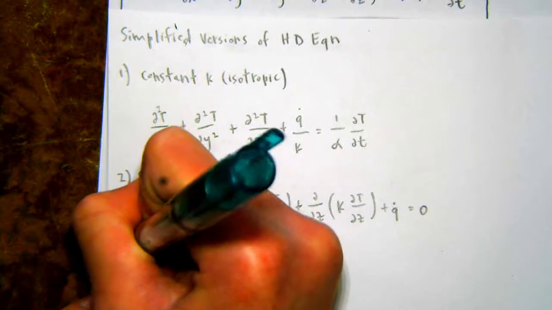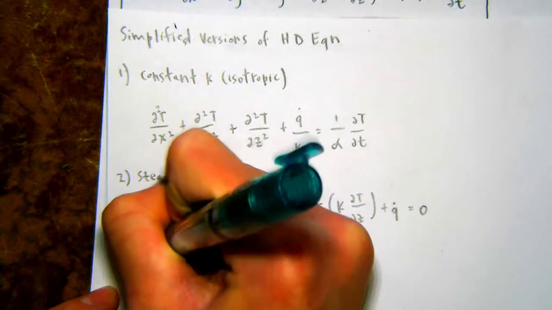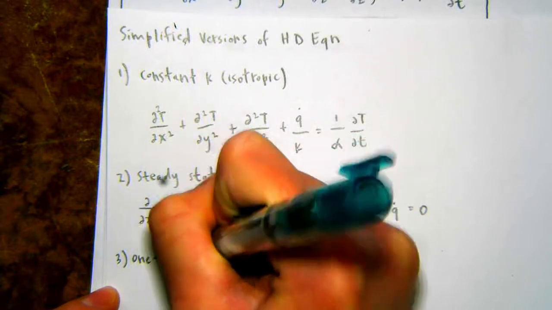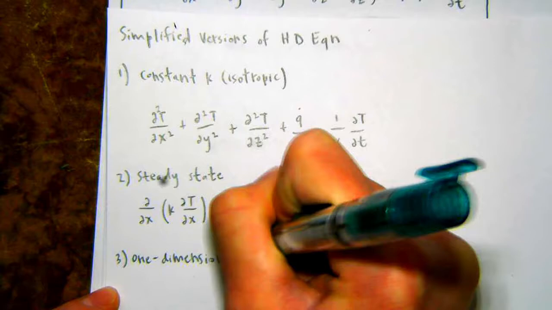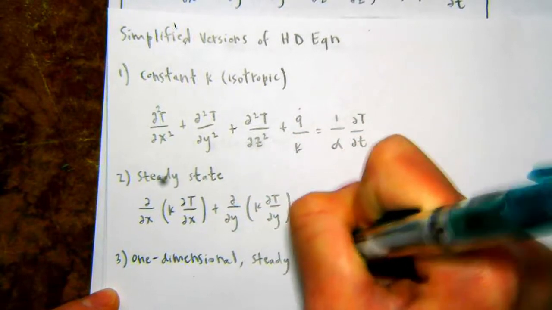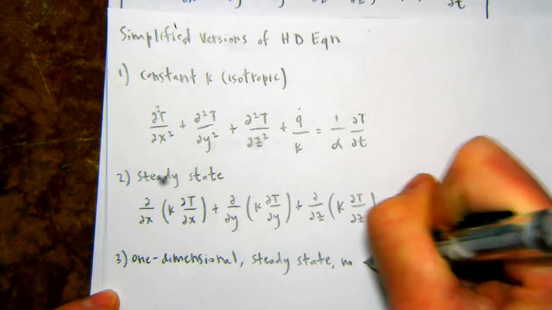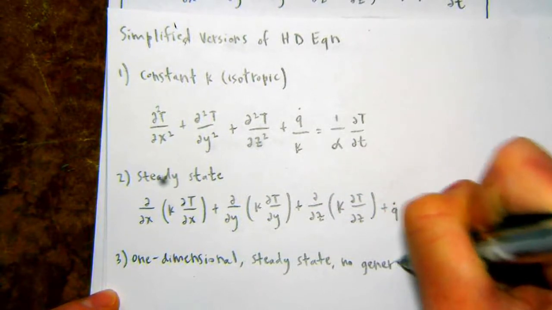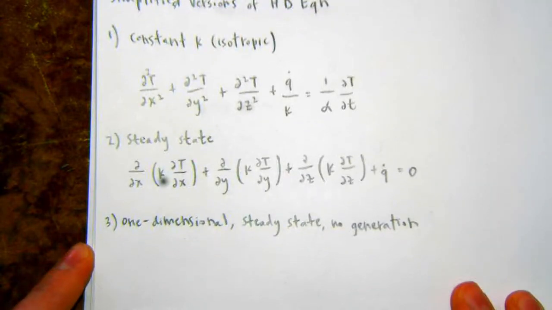Okay, and then for the last one, we will combine some assumptions. So we're going to say it's one-dimensional, steady state, and that there's no energy generation. So this is going to be a super simplified form.